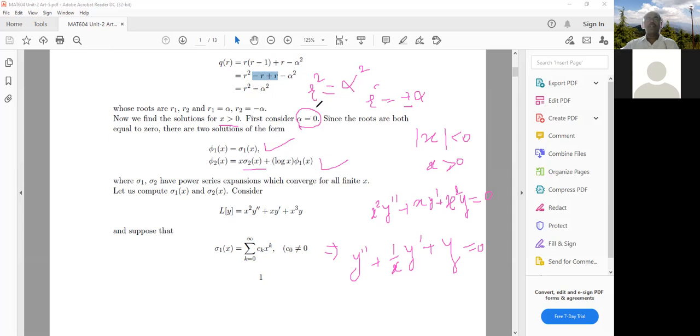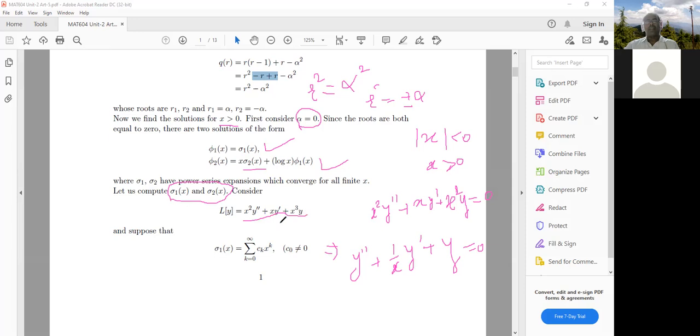So whenever alpha is 0, that means the roots are repeated, and if the roots are repeated, here we know that two solutions are like this. First solution is x and second solution is that solution into log of x.